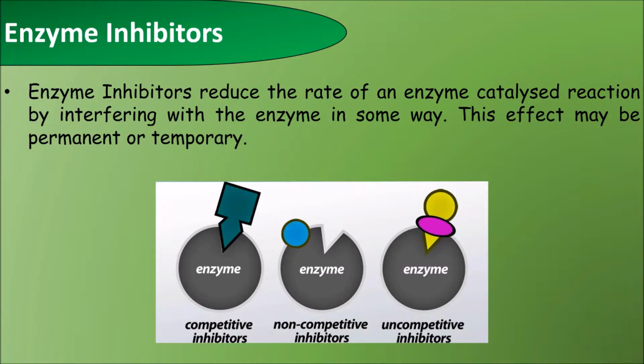So inhibitors can either be competitive, in which case they will compete for the active site, non-competitive, in which case they will bind to a second site on the enzyme and change the shape of the active site, or irreversible, in which case once they've bound to an active site they will not unbind from it, therefore deactivating or denaturing, if you wish, the enzyme.